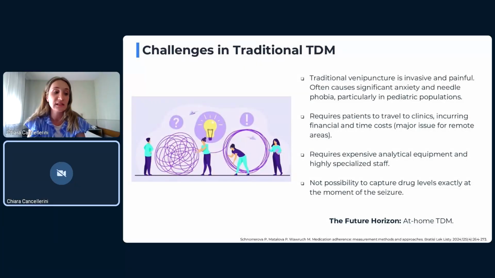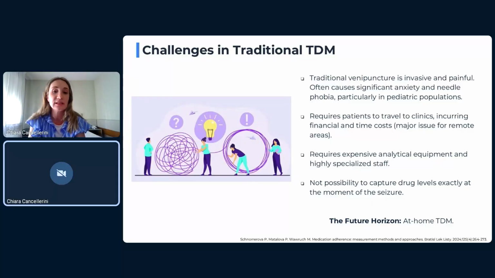For instance, in Italy, the tertiary care hospitals are located in the main cities, and this can be tough for patients with encephalopathy. And then, of course, we also require expensive analytical equipment and highly trained staff.